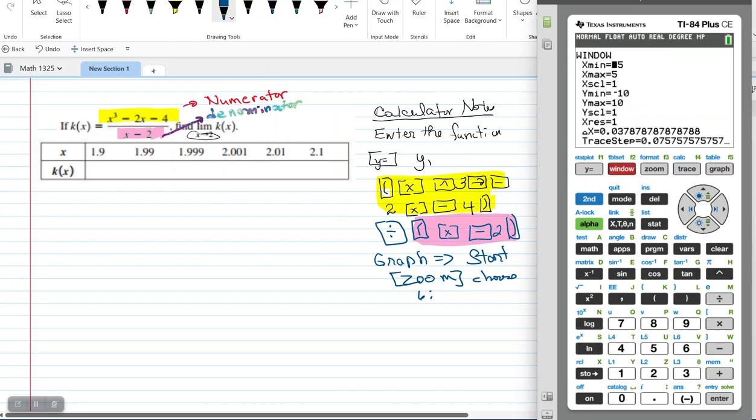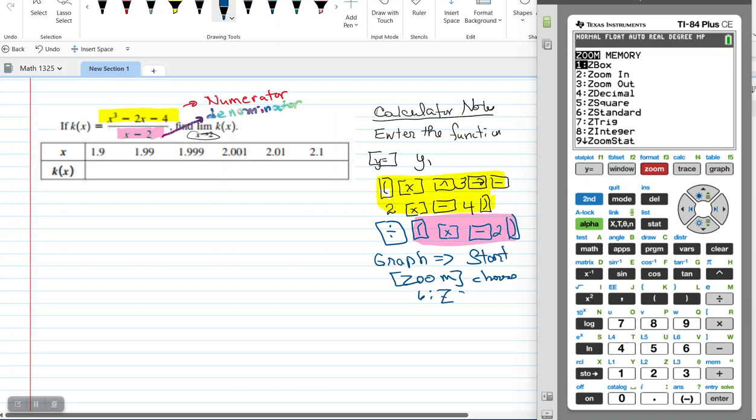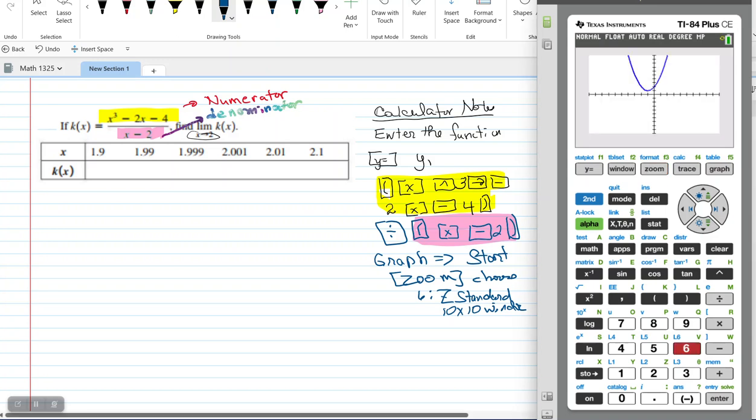Okay, zoom 6. Oh wait, I'm sorry. Zoom 6, ZStandard. That means a 10 by 10. Hit that, and it'll graph. Now we can see the graph.